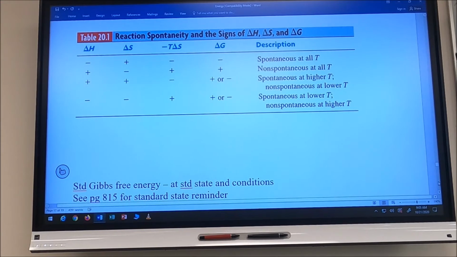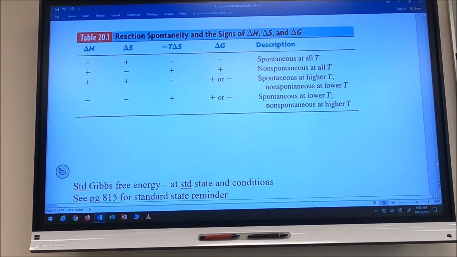This kind of process is going to be spontaneous at high temperatures because T delta S is going to be larger than delta H, and it's going to be non-spontaneous at low temperatures. If it's exothermic, delta H is negative, and we have a decrease in entropy, delta S is negative, then again, temperature decides whether the reaction is spontaneous or not.